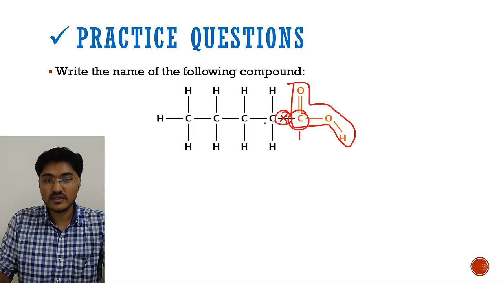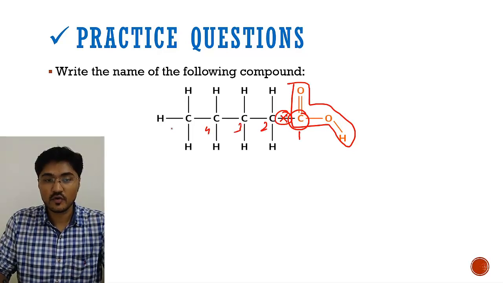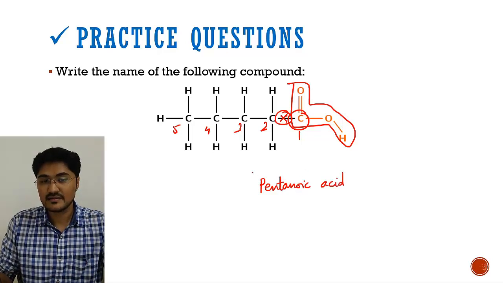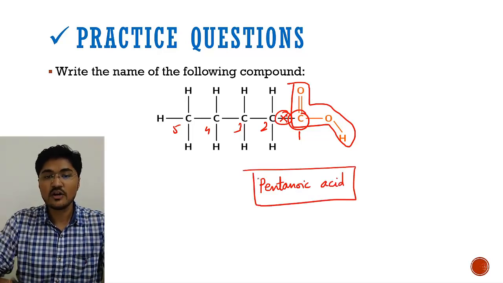So it becomes 1, 2, 3, 4, 5, and it's an alkane. So it becomes pentanoic acid. And that's your final answer.